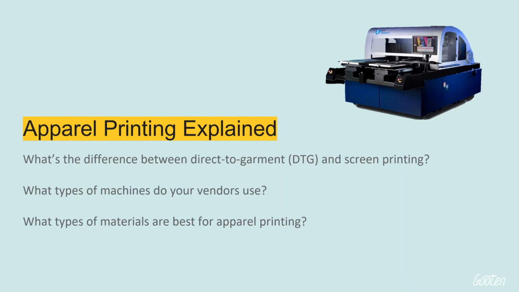The way it works is that the artwork submitted is separated based on colors. The screens are burnt, again, based on color. The print color that can be discharged color or plastisol is laid out and printed onto the shirt. And then the shirt goes into the drying process and you have a finished product.